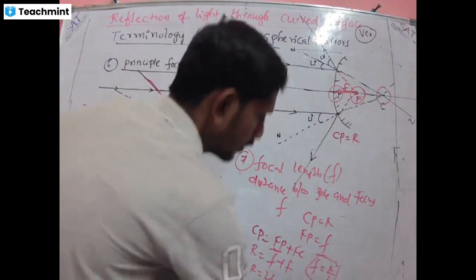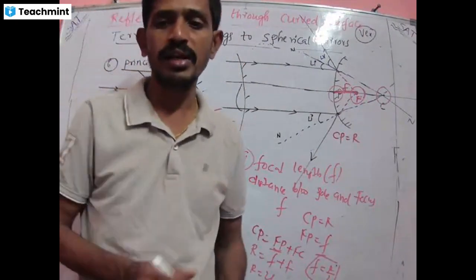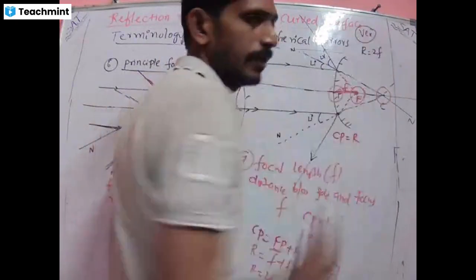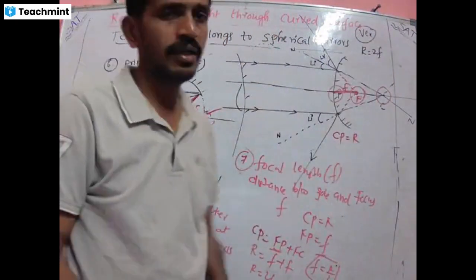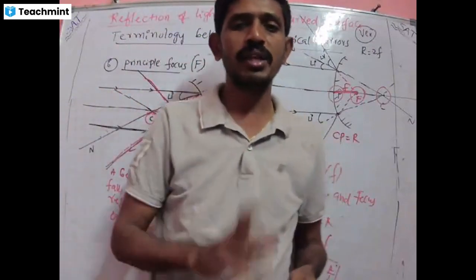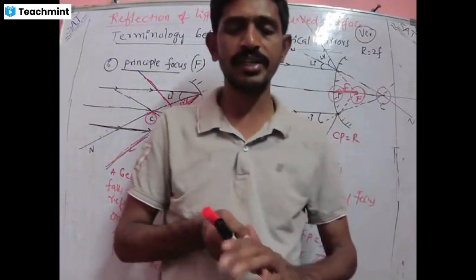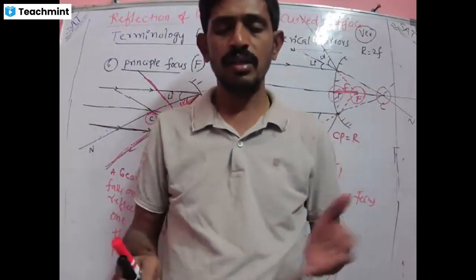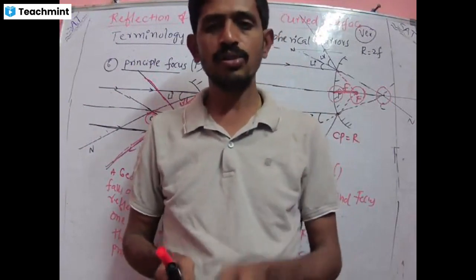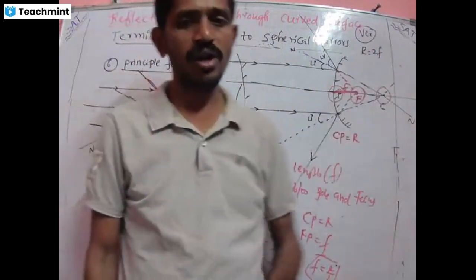They may ask what is the relation between the focal length and the radius of curvature. R is equal to 2 times the focal length. In the examination, find the radius of curvature if the focal length is 20 centimeter. If the focal length of the spherical mirror is 20 centimeter, just double it: 2 into 20, 40 centimeter.